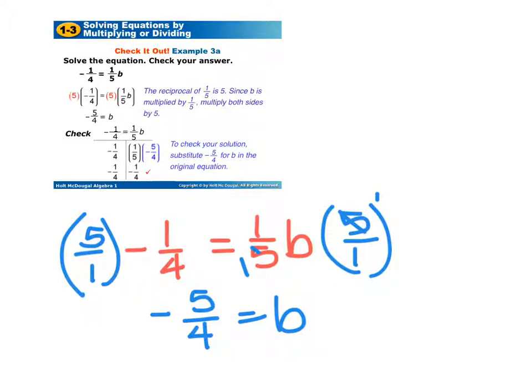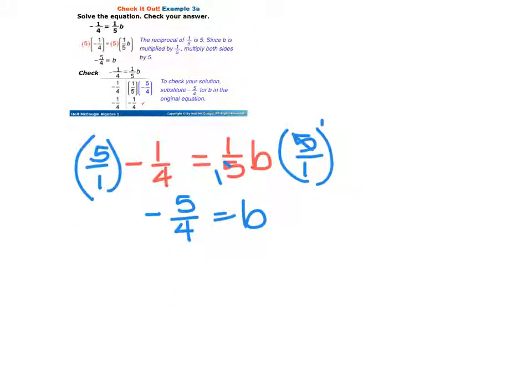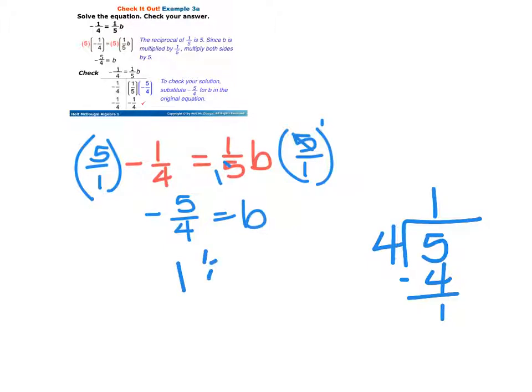Now, you can leave it like that, you can make it a mixed number, or you can make it a decimal. If you make it a mixed number, 5 in the division box goes in here once. So 1 and 1/4, and again, it's negative.